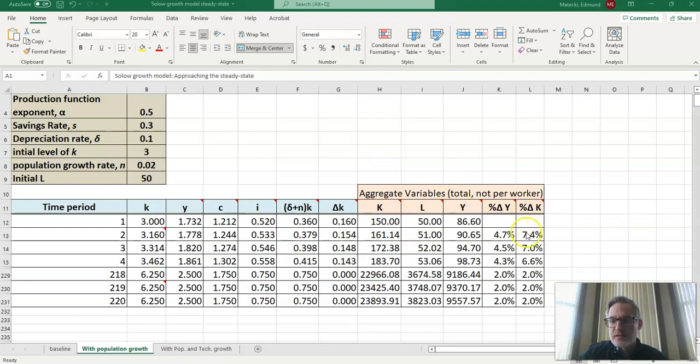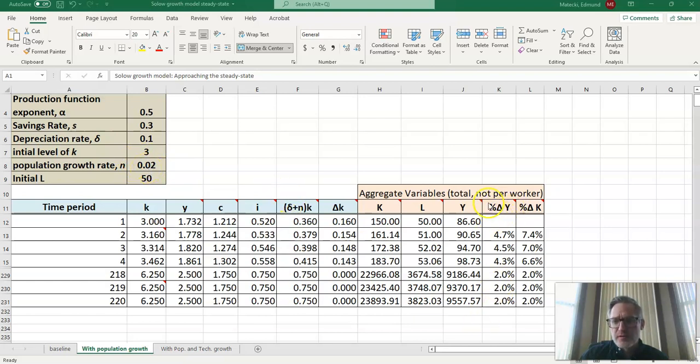And so we can see that initially the capital stock is growing more rapidly, and then it tapers off, and then eventually settles in a steady state on a growth rate of 2%. So notice 2% was the growth rate of the population up here in our parameter box. So the capital stock is growing at the same rate as the population.